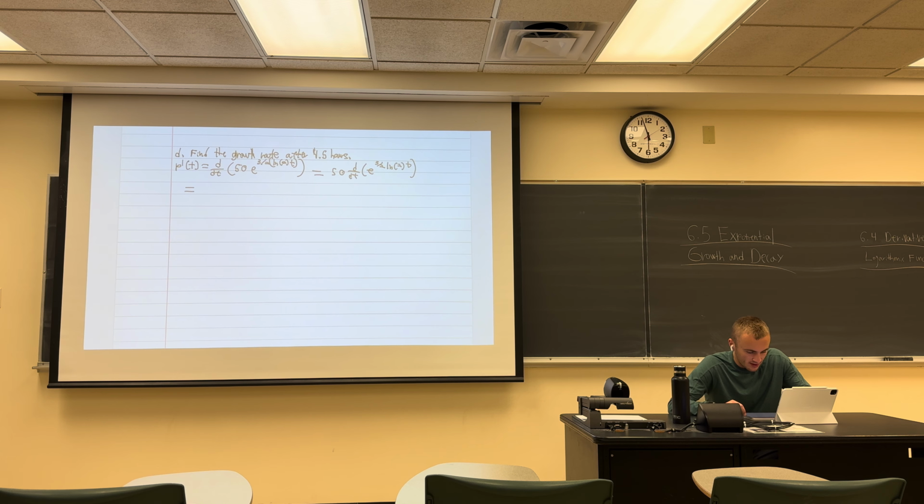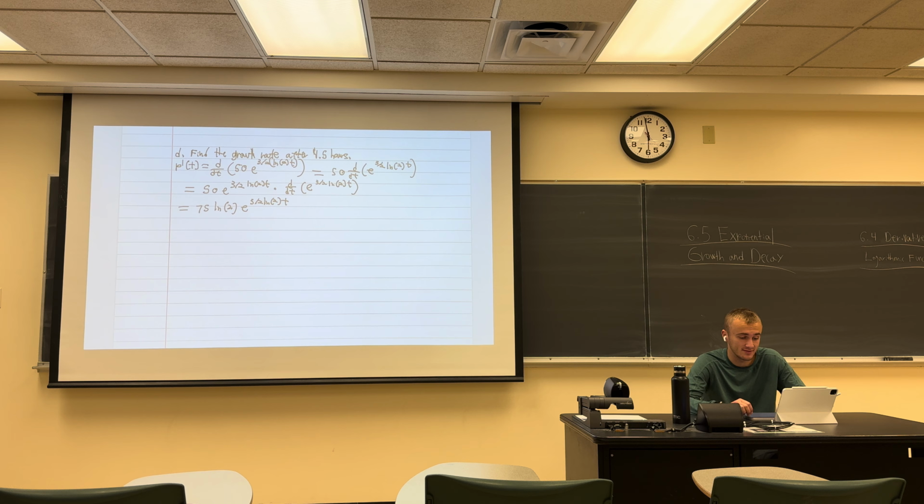Alright, so we know that's going to equal 50 e to the 3 halves ln of 2 times t times d/dt of e to the 3 halves ln of 2t, because that's chain rule. So that just gives us 75 ln of 2 e to the 3 halves ln of 2t, and that's the derivative.